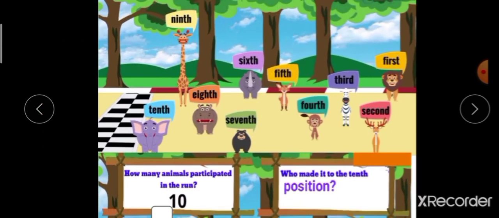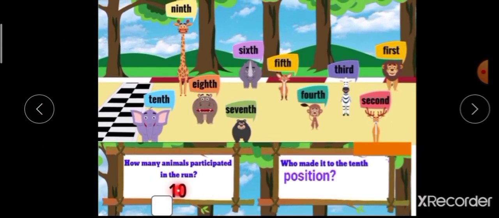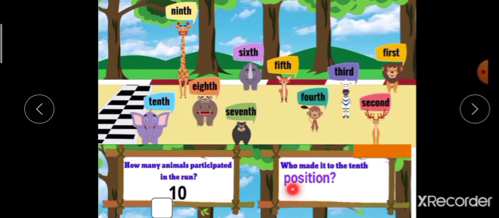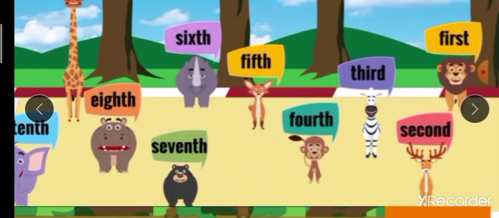How many animals participated, children? There were 10. Who made it to the 10th position? The elephant was on the 10th position, and the lion was on the first position.